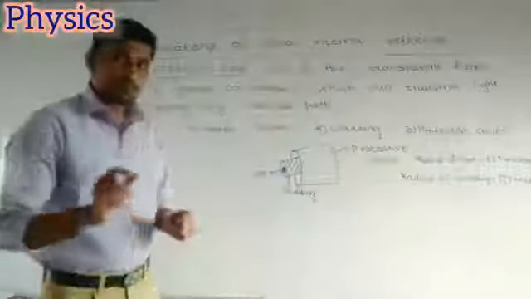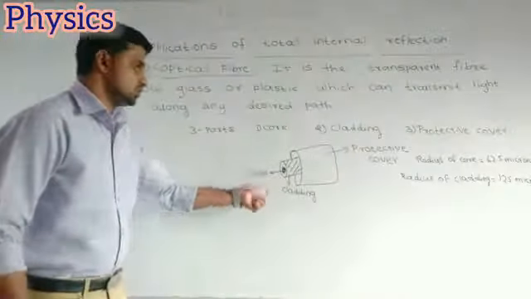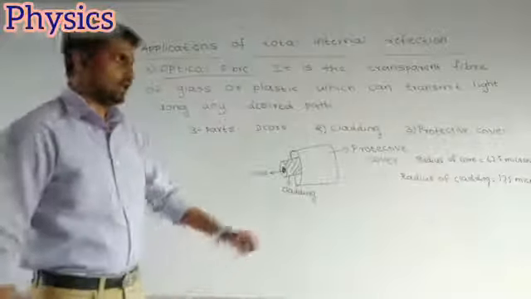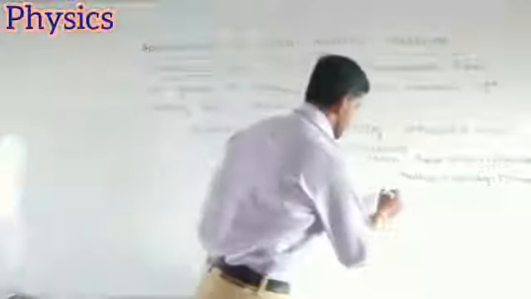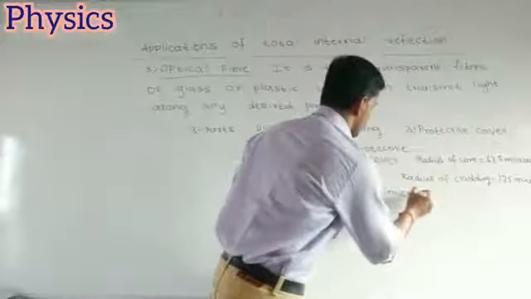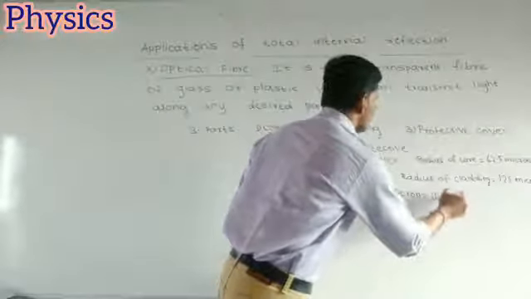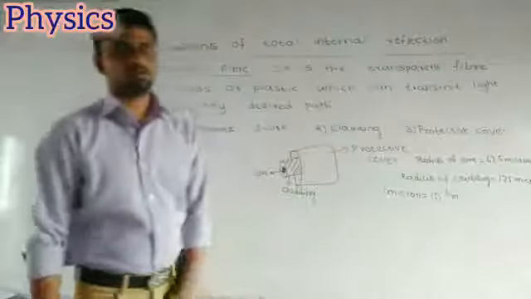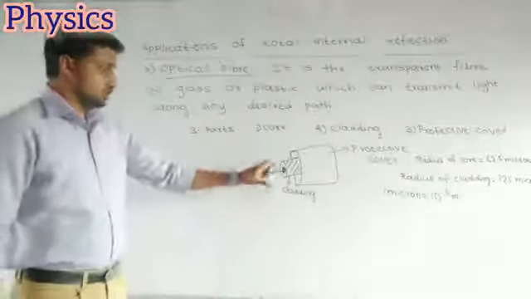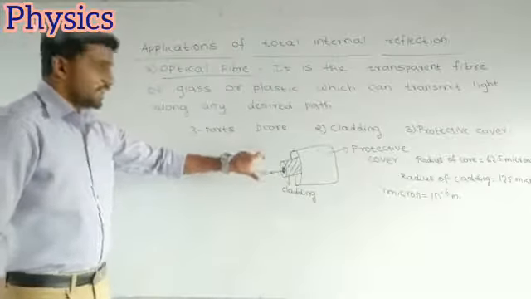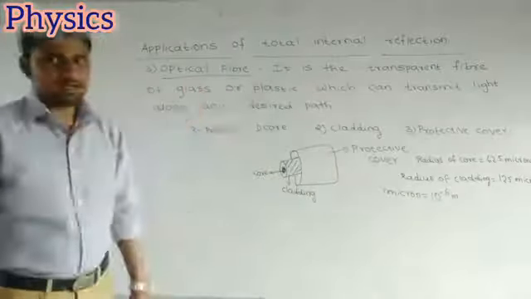So both the core and cladding have very small radius values. And 1 micron is equal to 10 to the power minus 6 meter. Okay. So diagrammatically we are representing the optical fiber.